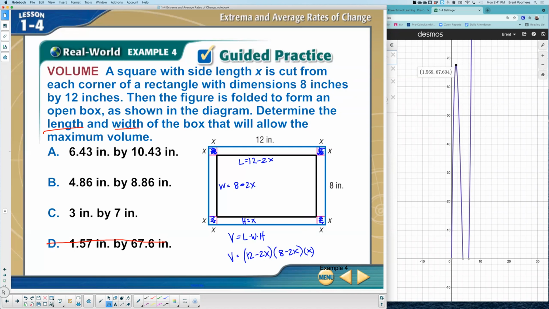So it says determine the length and width. Is that the length and the width? No. What is this again? That could be considered the amount you cut, or you can consider that the height. So x is the height. And they didn't ask us what's the height. They asked what's the length and width. So how could I get my answer if x is the height and that's what I know?